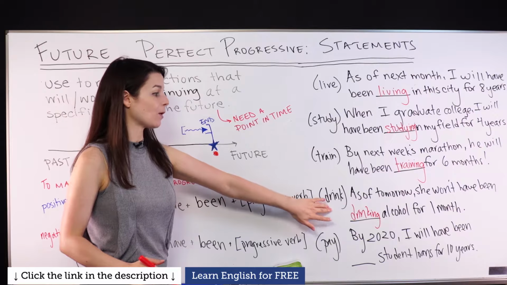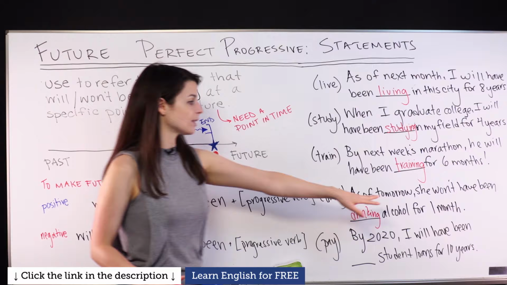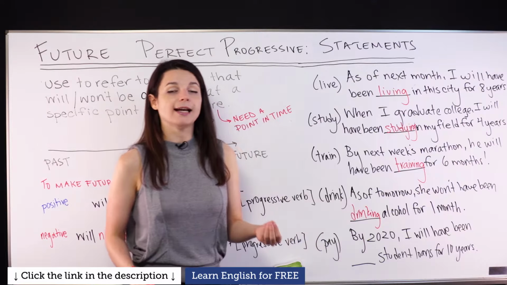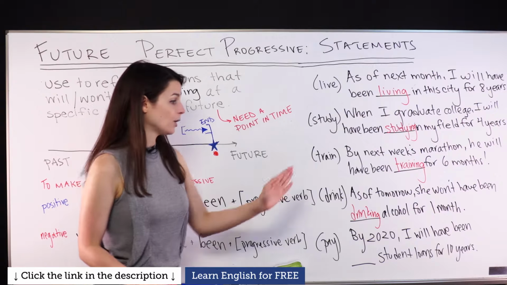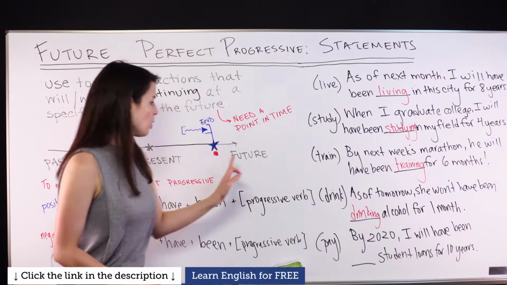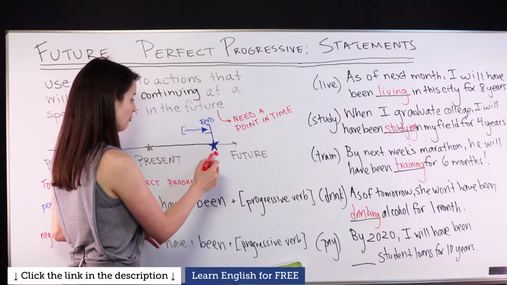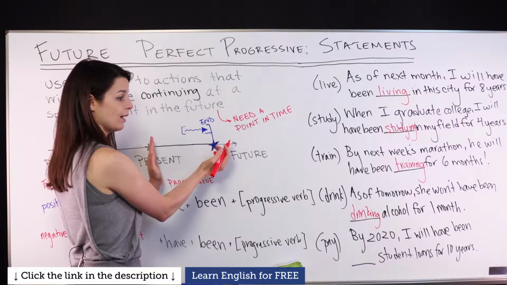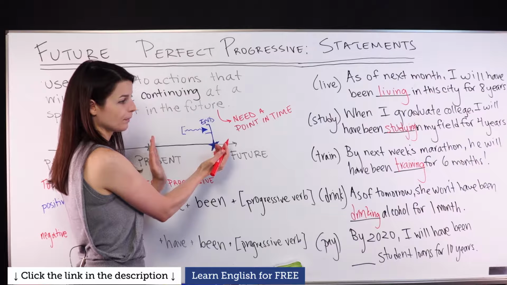So in this example, perhaps this person decided not to drink alcohol, to stop drinking alcohol. So this is showing us at this point in time, tomorrow, for a period of 1 month, the speaker has not been drinking alcohol.